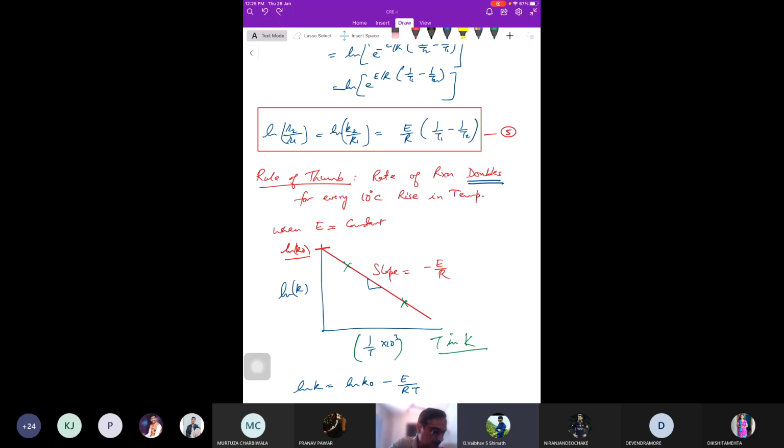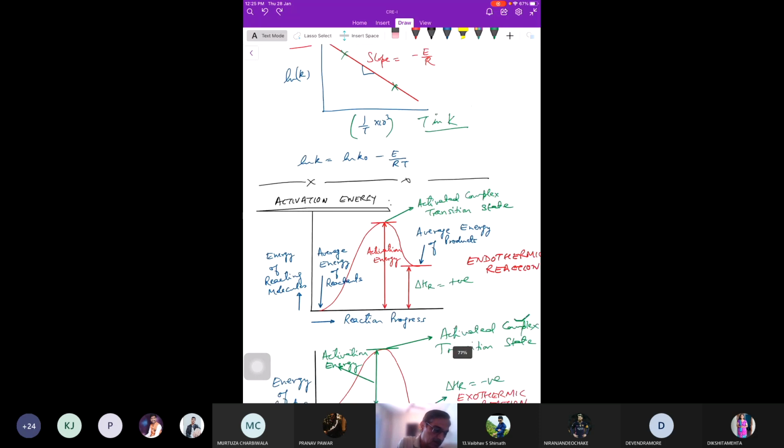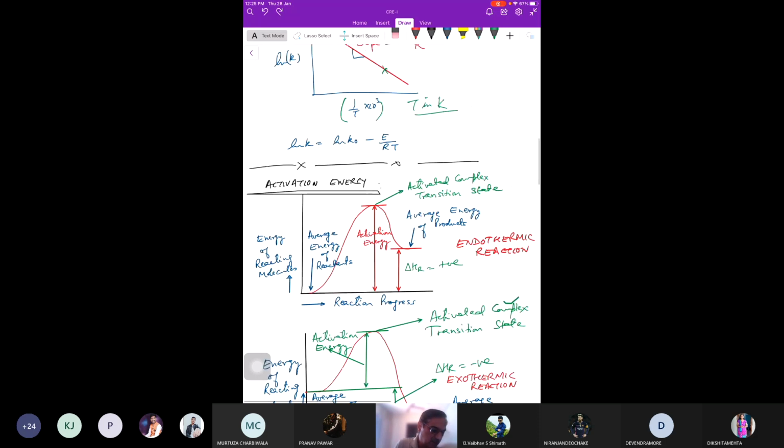Okay. So let us see what it is. The activation energy is essentially what you get if you plot the energy of reacting molecules on the y-axis versus reaction progress on the x-axis. You get this kind of curve, and this is the energy of reactants, and this is for the products.